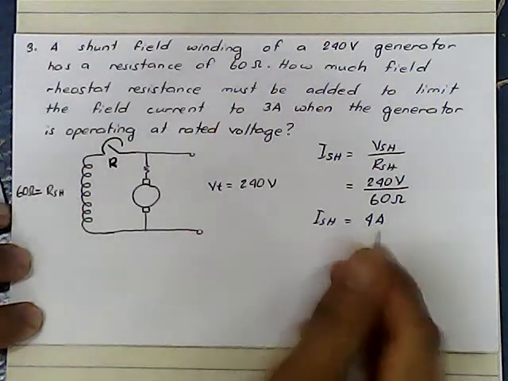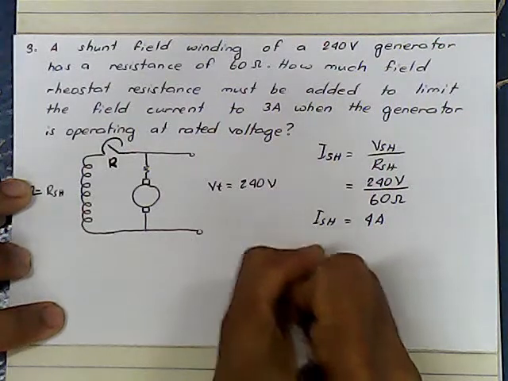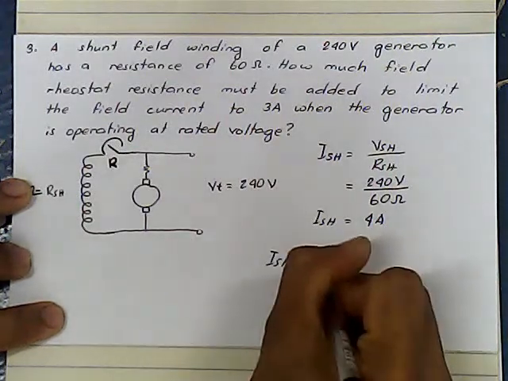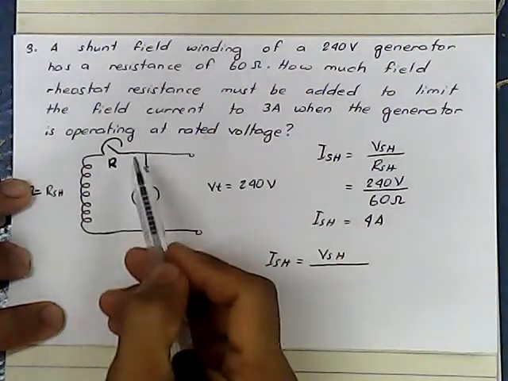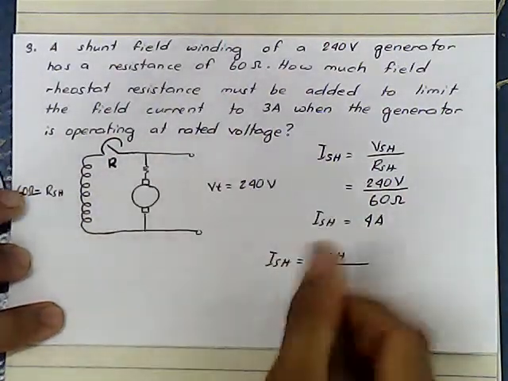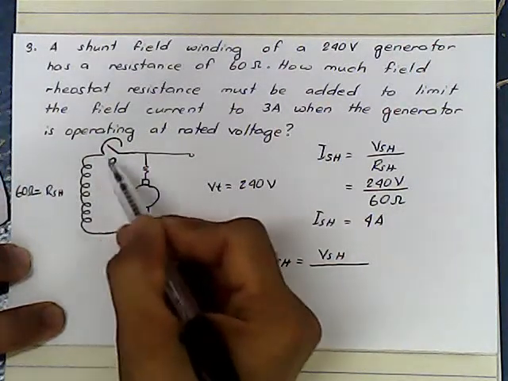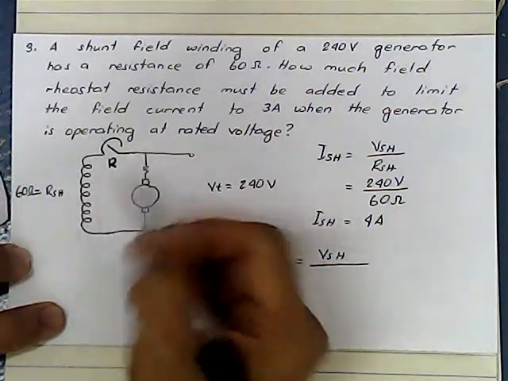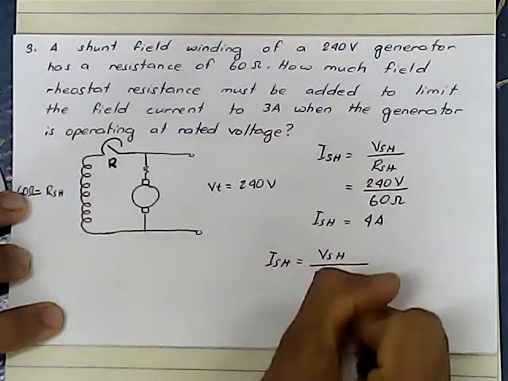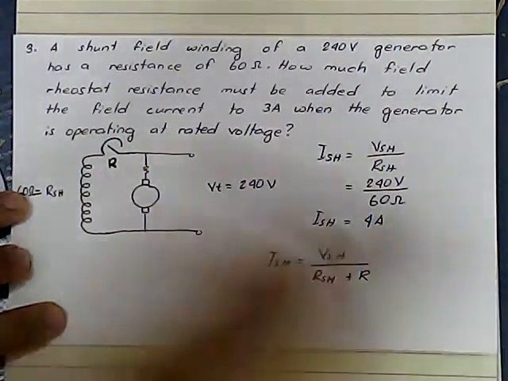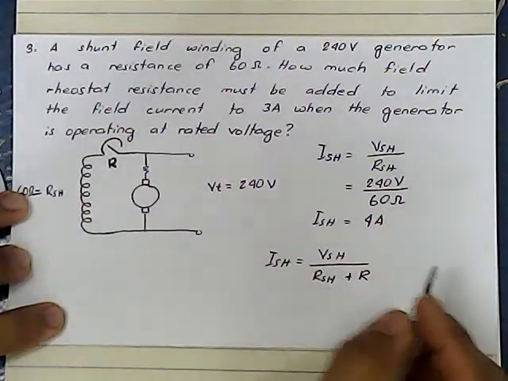Kaya pwede tayo maglagay dito ng computation. ISH is equal to VSH. Ngunit, yung sa resistance natin dito, that will give us the RSH plus R since they're connected into series. So we have RSH plus R.